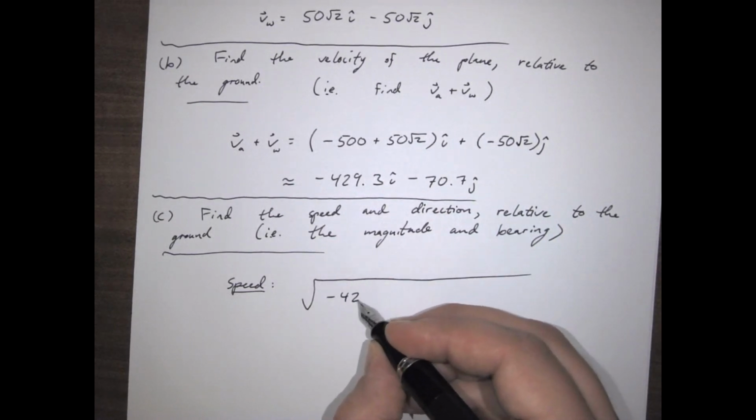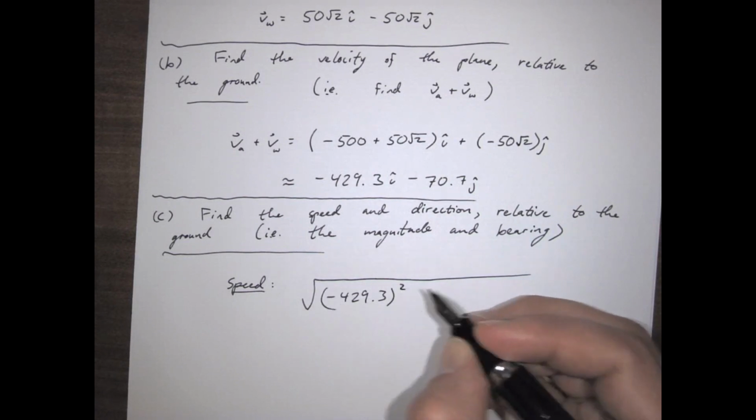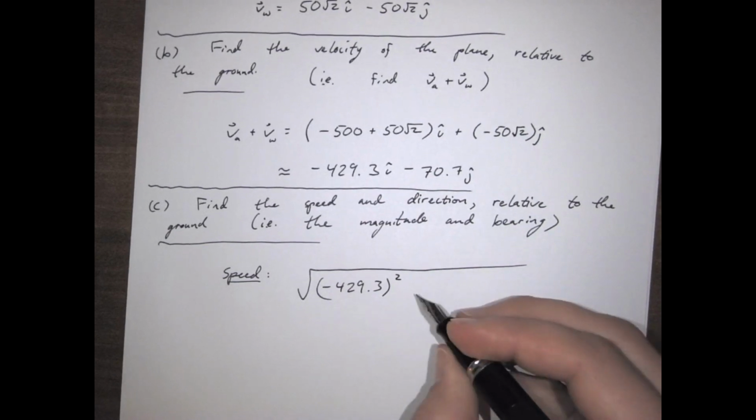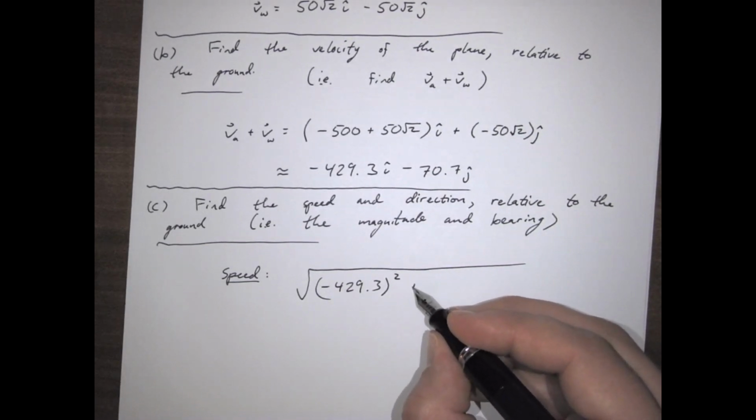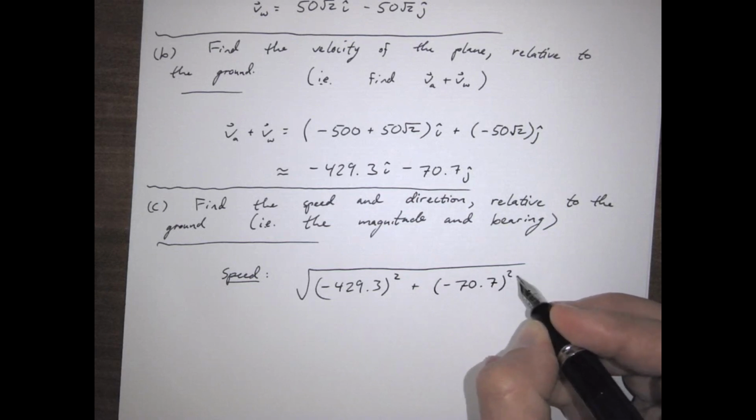Which is our previous answer put into the Pythagorean formula there. So square root 429.3 squared plus negative 70.7 squared.